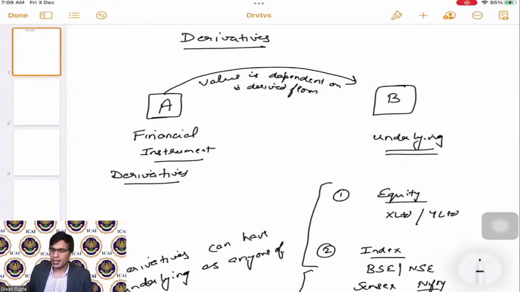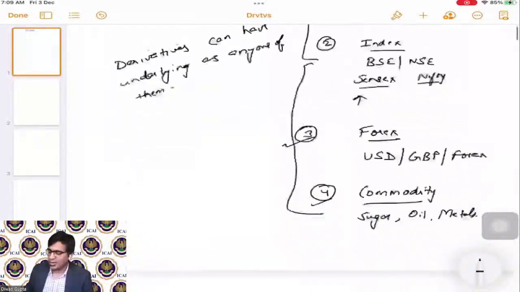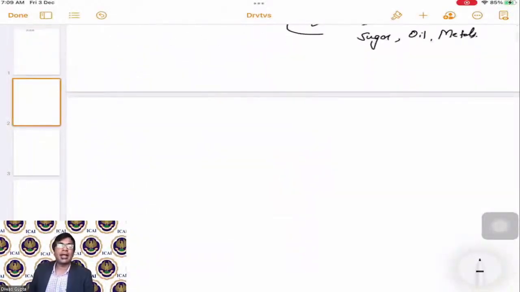What is an underlying? As we said, for a derivative to be there, there has to be a financial instrument in the form of A whose value is dependent on an underlying, which is B. Underlying we have understood. Now let us try to see what are the features of A, which is the derivative itself.